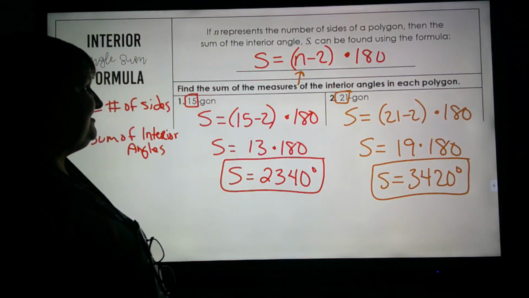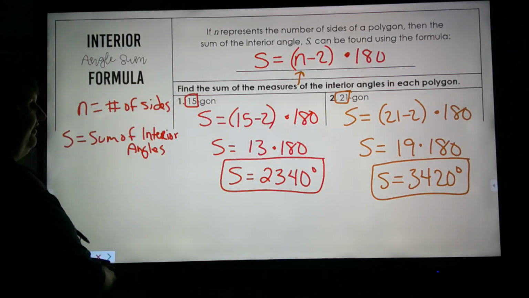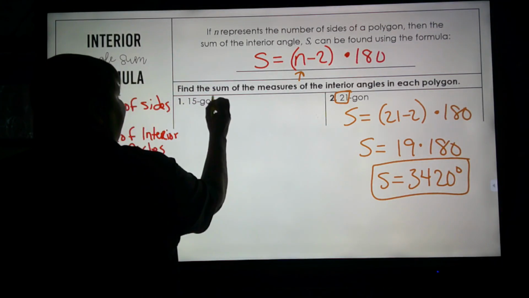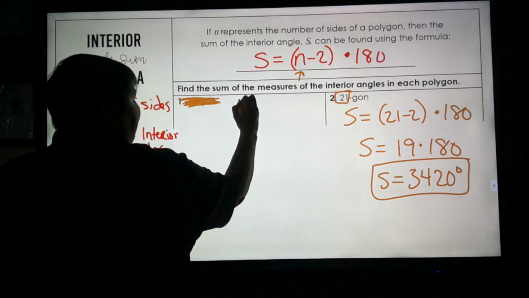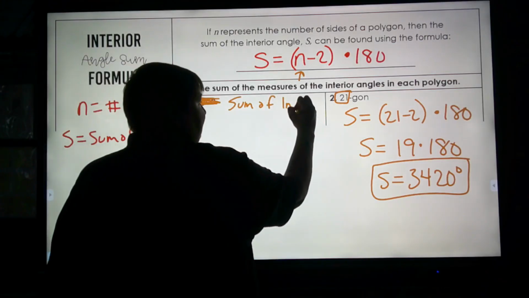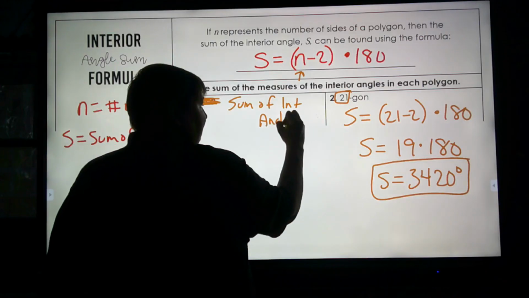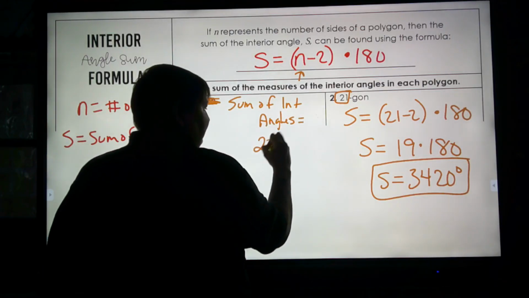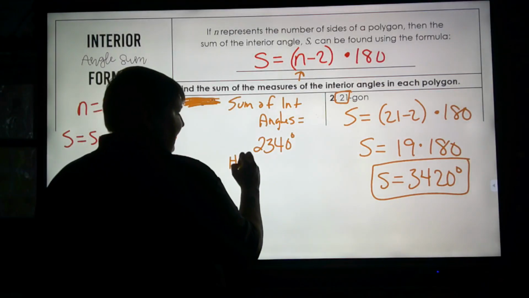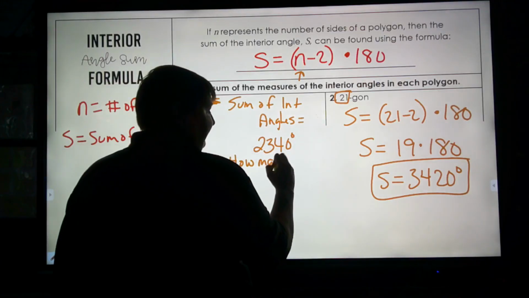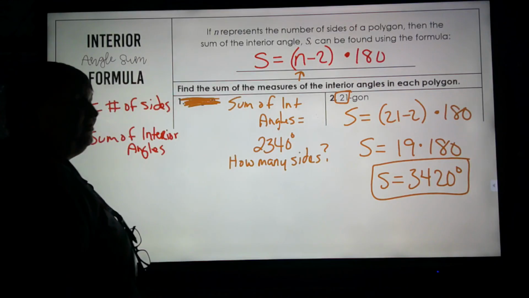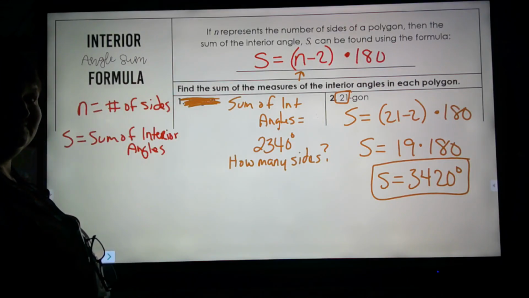What if instead they gave you, they said the sum of the interior angles equals 2340. And then they said how many sides? Could you go the other direction?